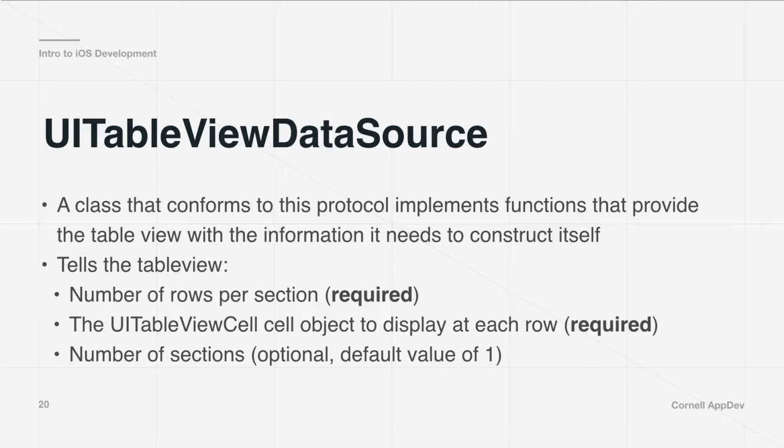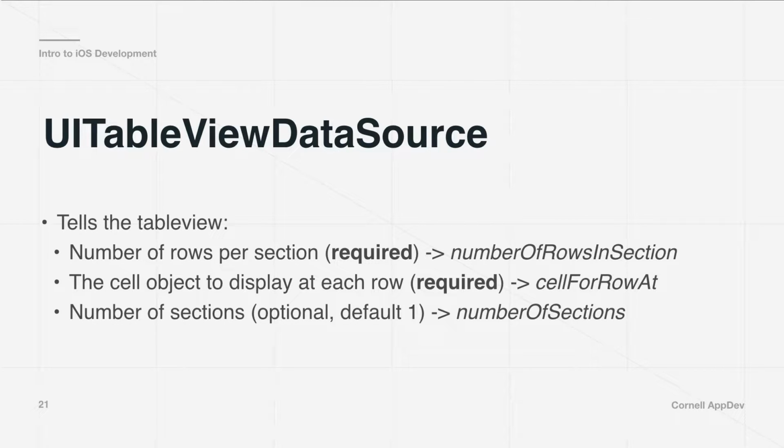So if you just have 1 section, you don't have to implement that method. The number of rows method is called numberOfRowsInSection, and the cell object method is called cellForRowAt. And then the number of sections method is called numberOfSections. This is just a high level overview of what each one does. You'll see it in practice in the demo. Any questions about that?